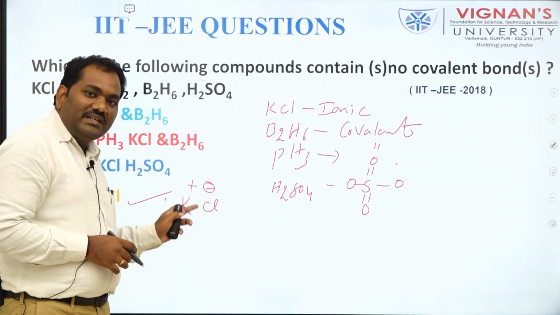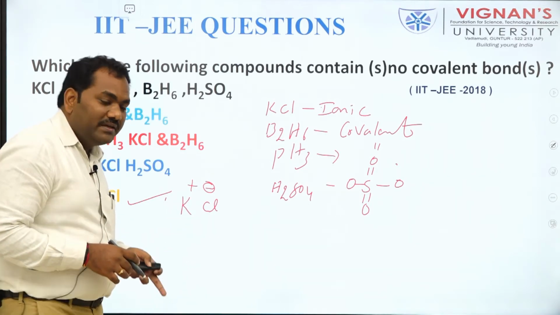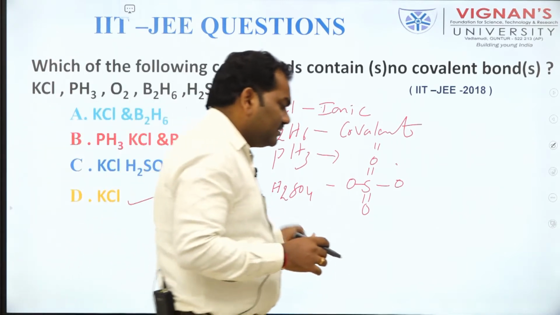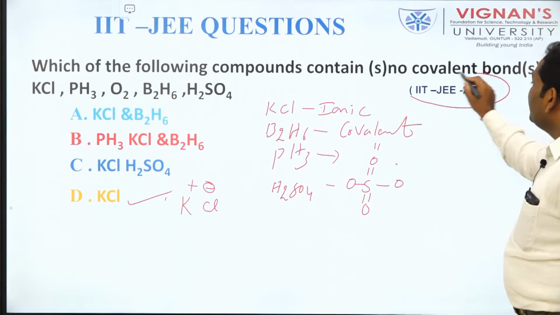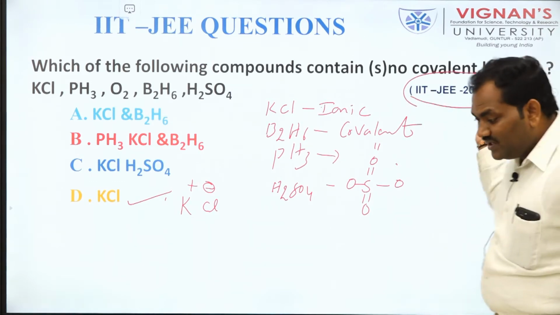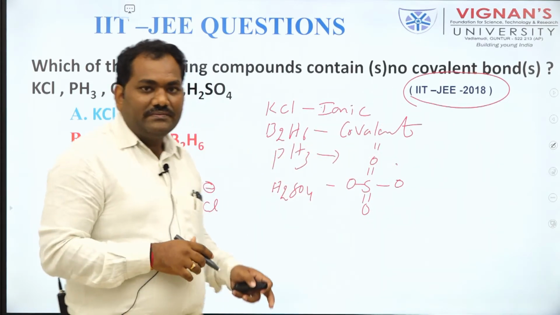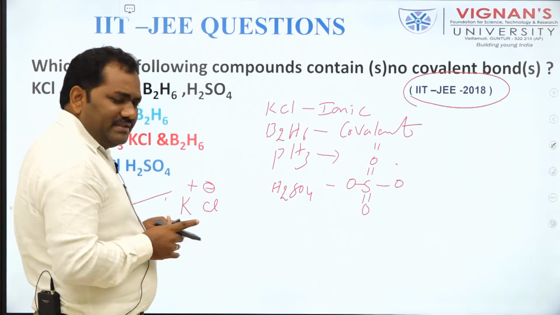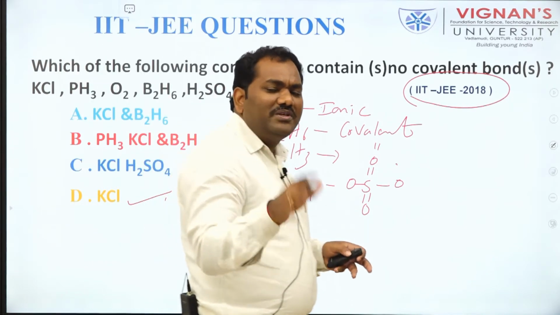So the correct option is KCl. This question was asked in IIT JEE 2018 offline, not online. It is very easy. If you know what a covalent bond is and what an ionic bond is, then you can answer this question.